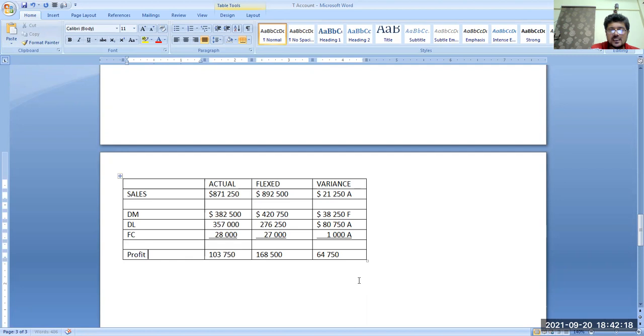Okay, see, 21,250 adverse plus 38,250 favorable minus 80,750 adverse minus 1,000 adverse, 64,750. Yes. So overall profit variance is also adverse. Getting my point there? This is how we have to do it.